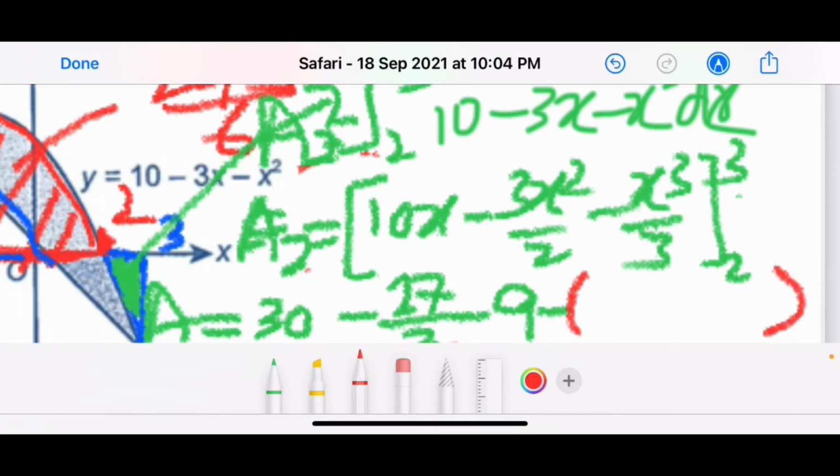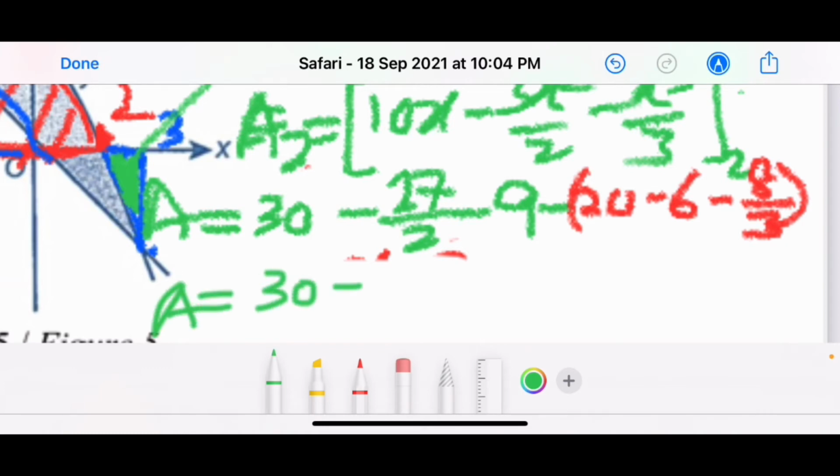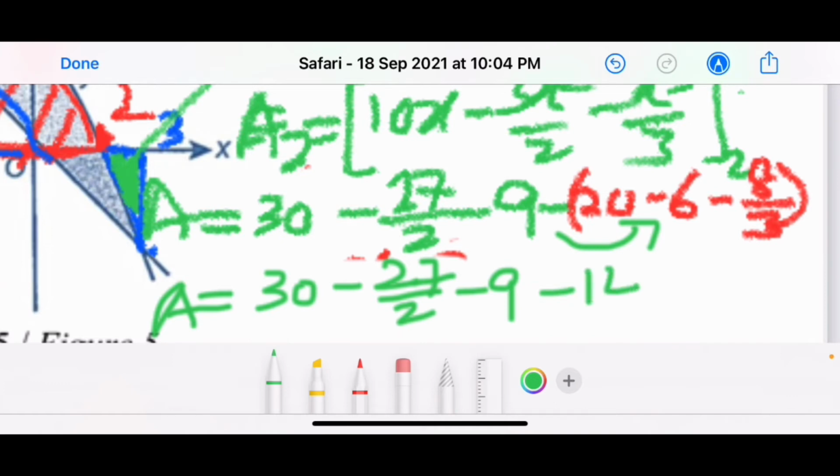Alright, so it's 20, and then this one is 6, 4, 12 divided by 2, 6, 8 over 3. Okay, this part you will expect the area to be negative. See, 30 minus 27 over 2 minus 9. This one is 14 minus 14. This one is plus 8 over 3.